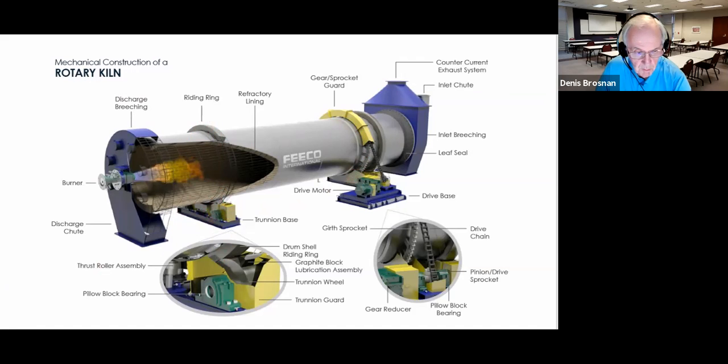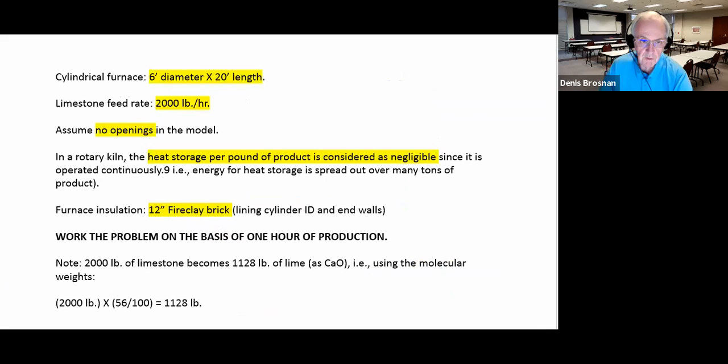So it's a real problem that we're doing, even though the size of our rotary kiln is pretty darn small: 6 foot diameter by 20 foot long. I know companies that have these things as laboratory kilns. That size is not very big at all.